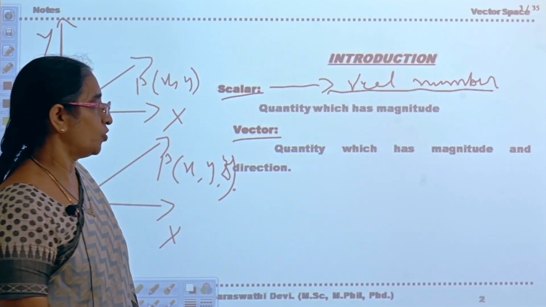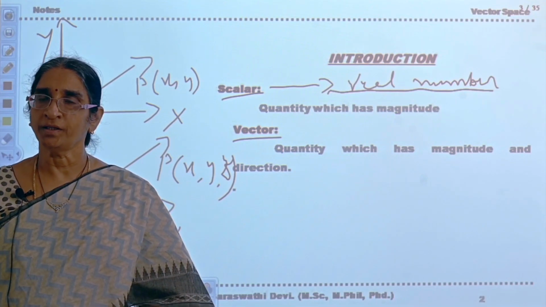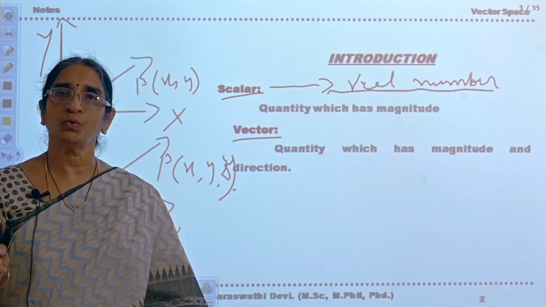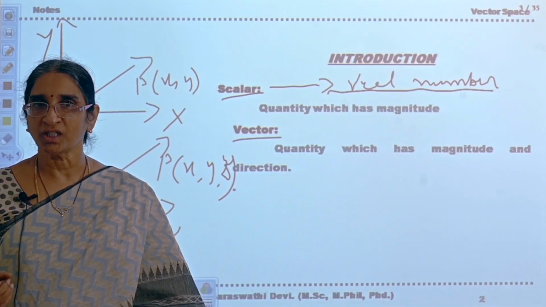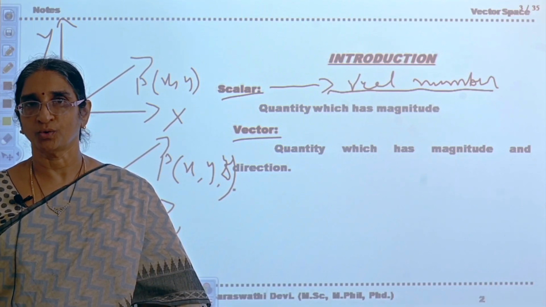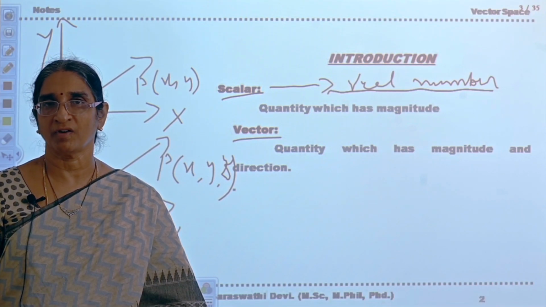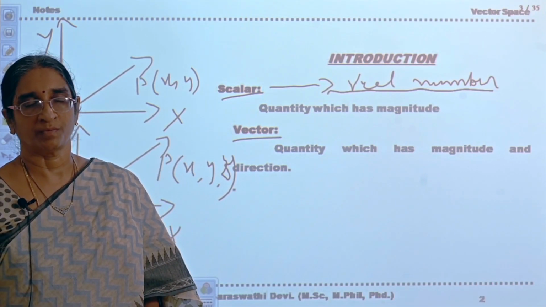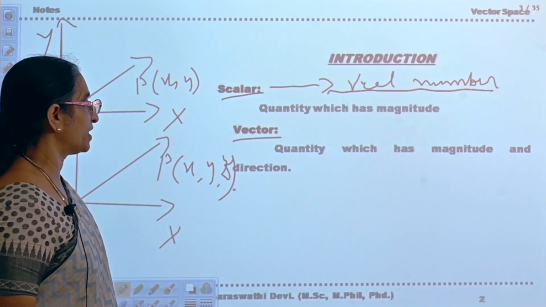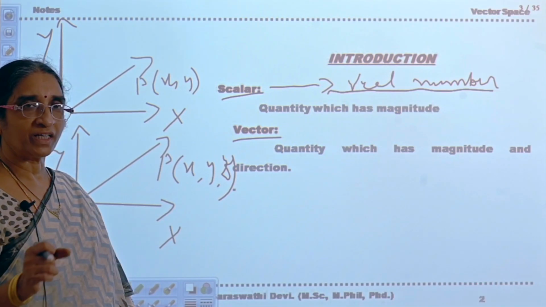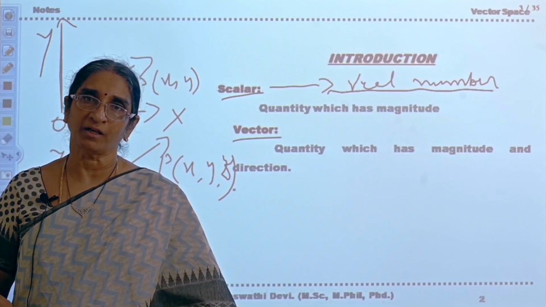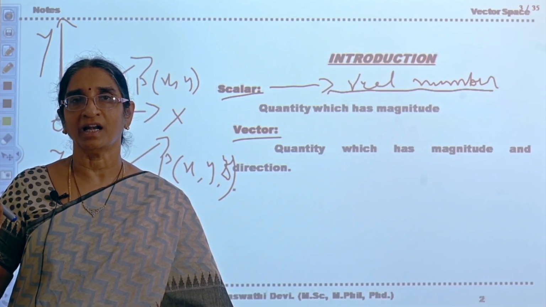Now, a vector is a quantity which has both magnitude and direction. You have seen examples such as acceleration, velocity, rate of change of displacement, etc. Mathematically, a vector means a directed line segment.